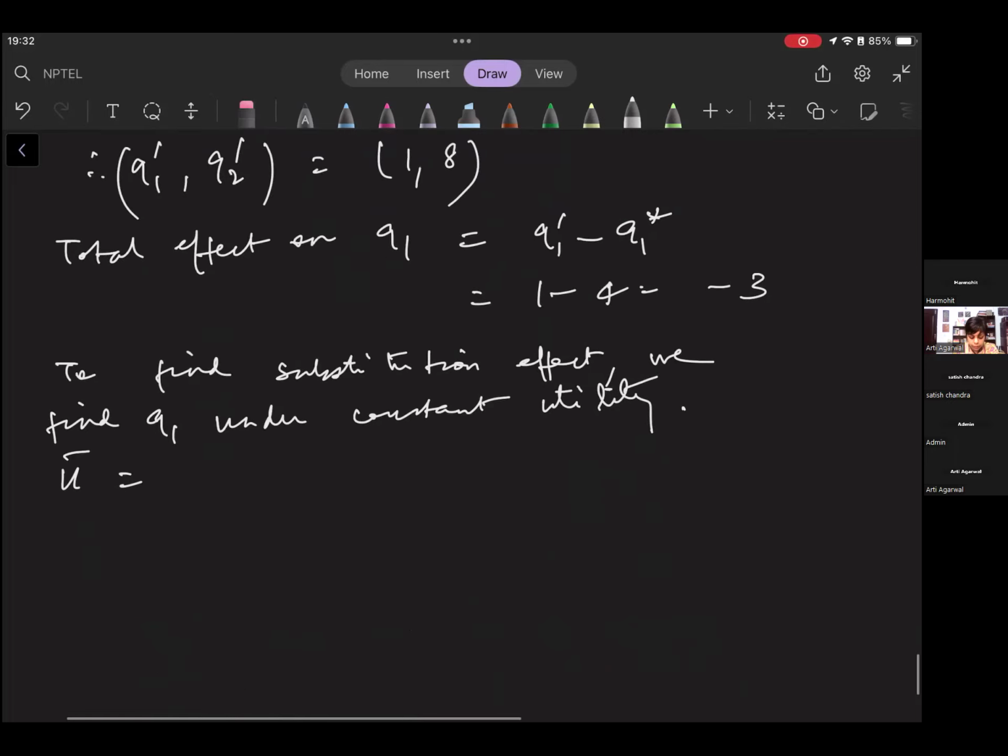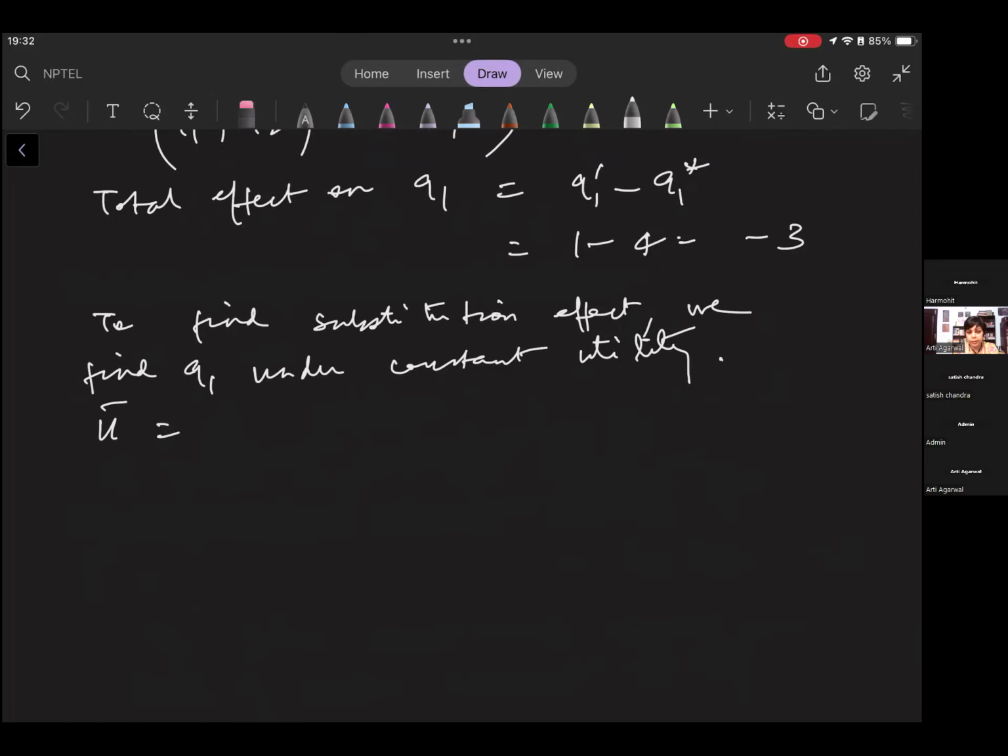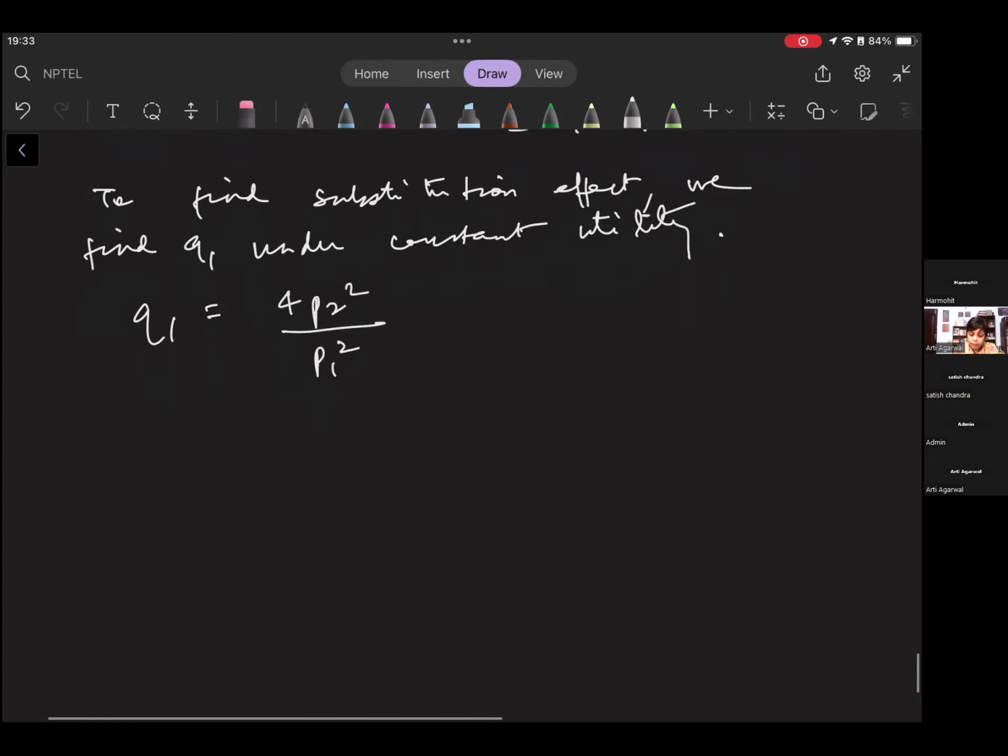Now, even when you're holding utility as constant, the function we got for q1 was 4p2 square by p1 square. When you're holding utility constant, you're also keeping prices as fixed. You have to remember, when you're taking constant utility, we are also taking prices as fixed at the final value. That is by definition. It is not something we are assuming.